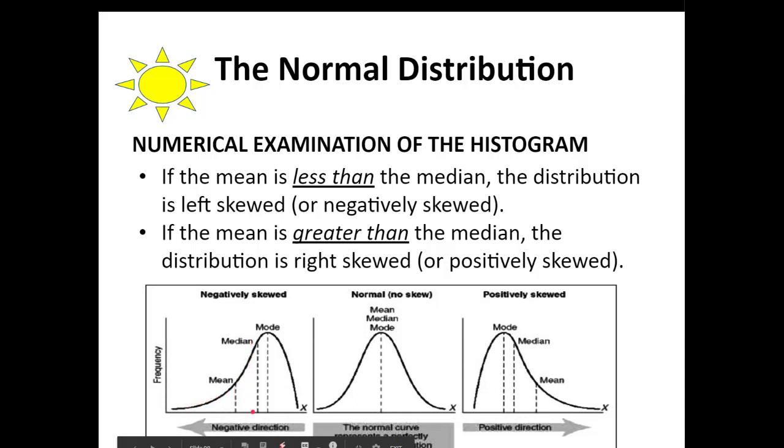The median is not affected by outliers, so it's going to sit still. And the mode is just showing the most frequent value, the value that we see most frequently. It's going to be here at the top, at the mound. Here, we're starting to see that because the mean is less than the median, it's starting to cause a left skew or a negative skew.